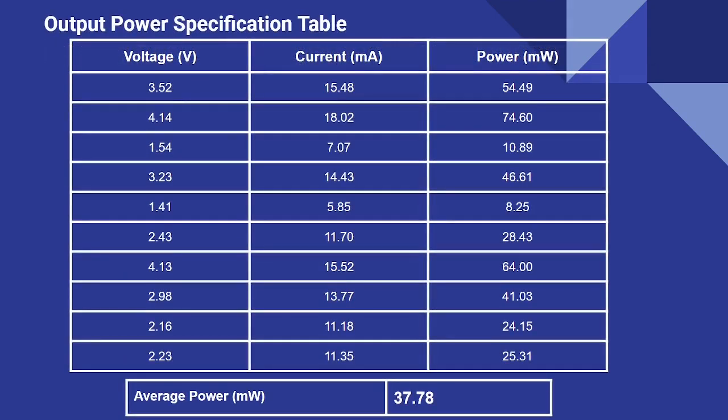From the LCD screen, intervals of voltage and currents were taken and multiplied to obtain the output power. The output power was very low, averaging 37.78 milliwatts under the midterm demo constraints. We expect to reach the power output specification goal of 2 watts or more in the final demo when the motor is connected to the turbine.